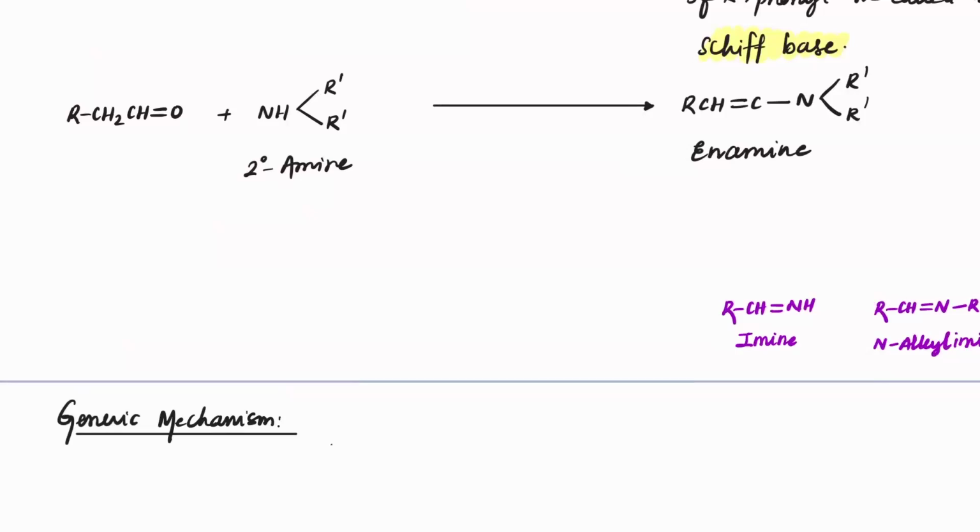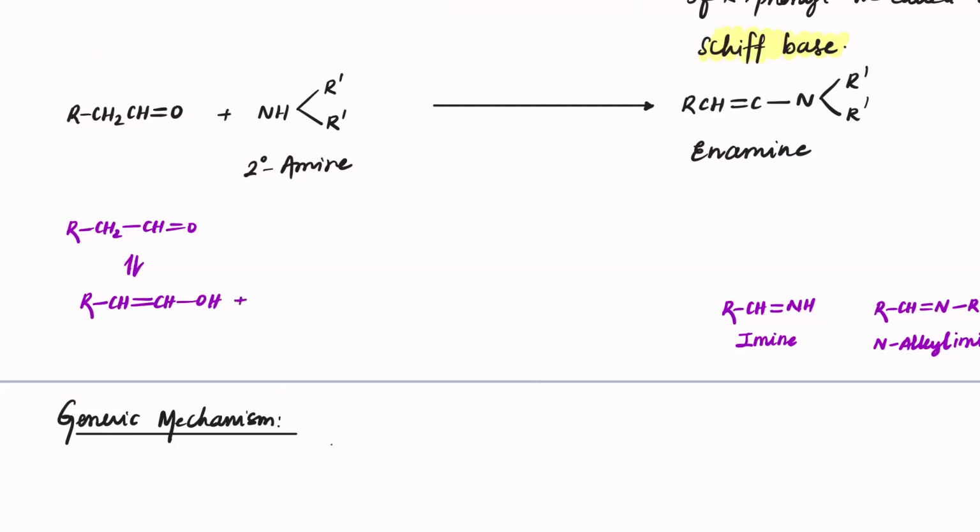So basically, you need to understand that when you have RCH2CHO, you know that this can be written in terms of an enol form as CH double bond CHOH. This is the tautomerization. So imagine it got tautomerized to get this.